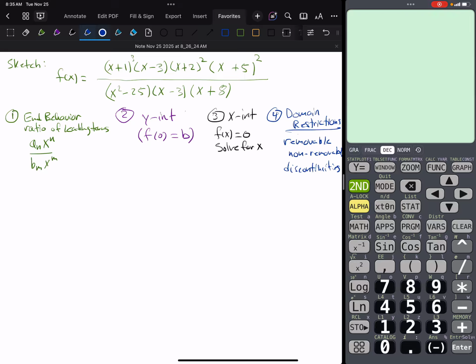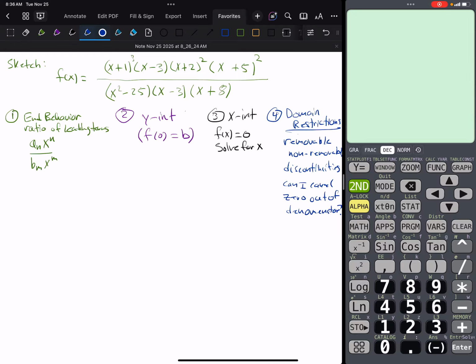And so the question I have to ask myself is, can I cancel the 0 out of the denominator? If I can cancel the 0 out of the denominator, then it was a removable discontinuity and it's a hole. If I cannot cancel the 0 out of the denominator, then it's a non-removable discontinuity and it's a vertical asymptote.